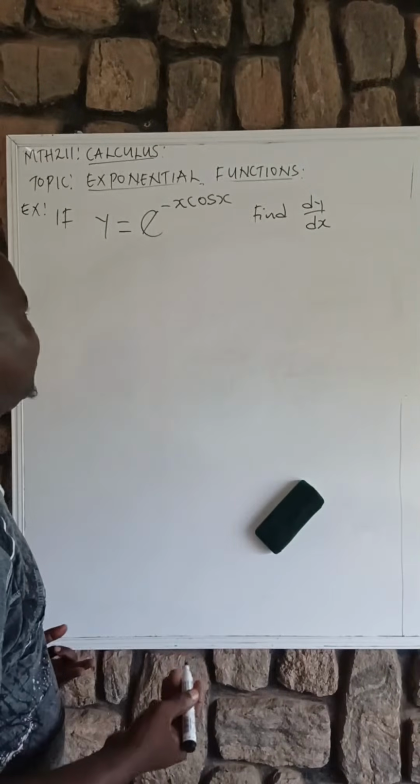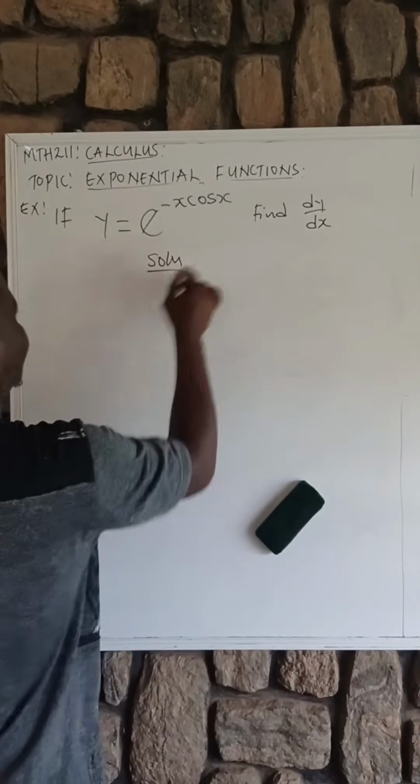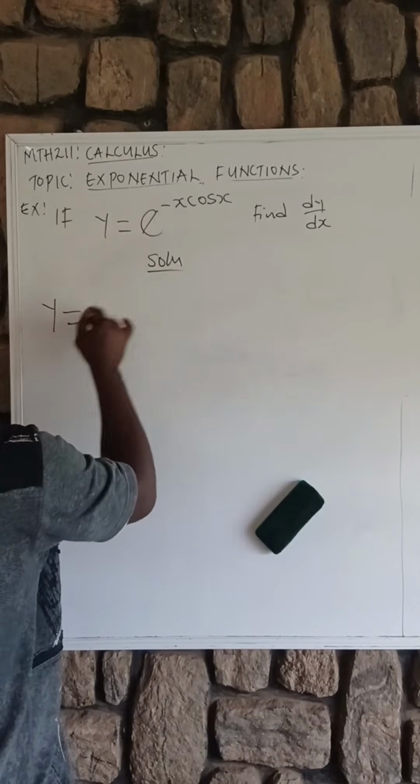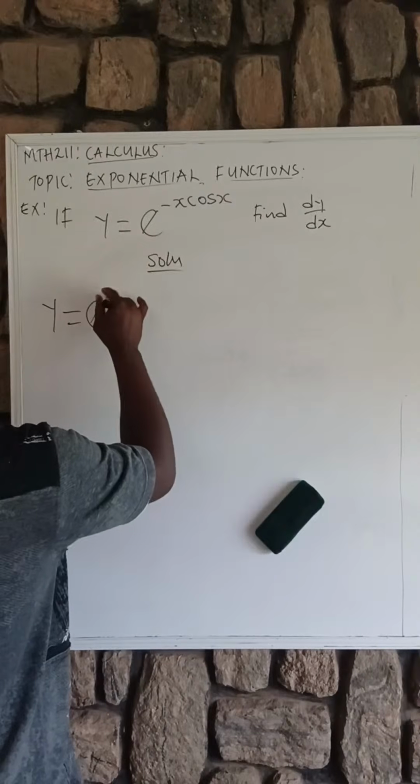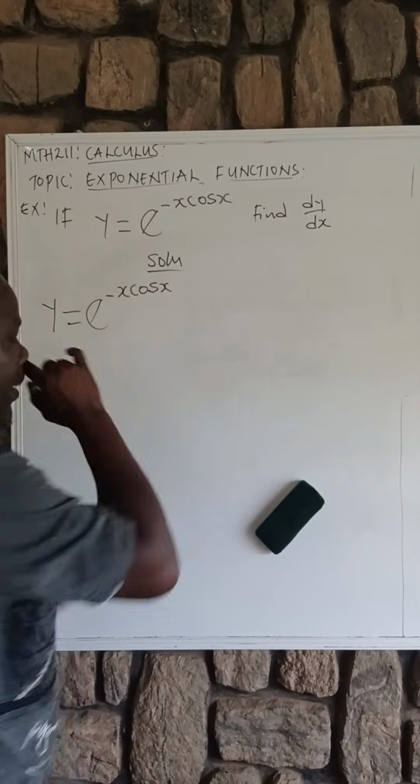As simple as ABC. We write the solution: y equals e to the power of minus x cos x.